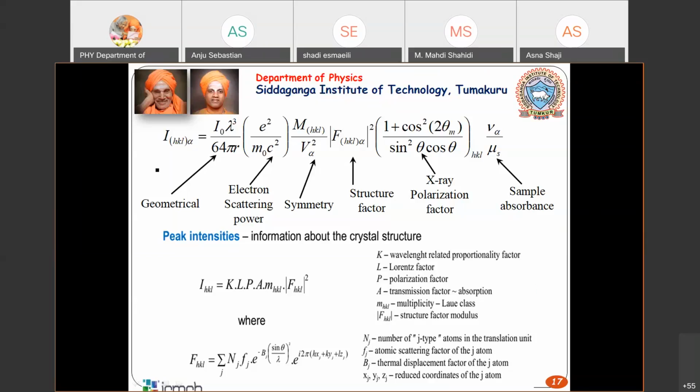The first one is your geometry, meaning your X-ray diffractometer geometry. You can see here r is the radius of your geometry. As we said, your sample is in the center, then there is an X-ray tube, and a detector at equal distance on the opposite side.